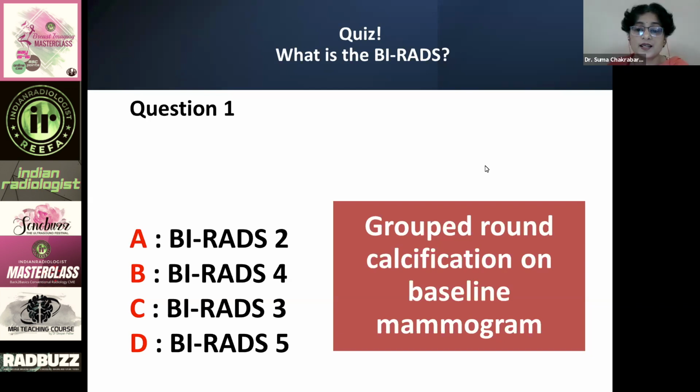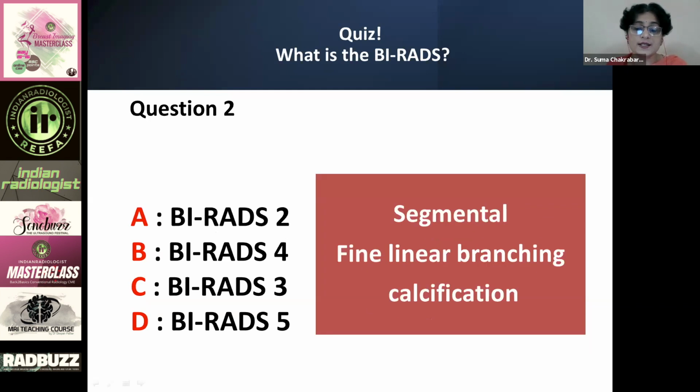I'll move on to the next question, which is segmental fine linear branching calcification. Again, the same thing, A, B, C, or D, please. So now it's almost divided polls, but 31% are for B. And then 26% for A, 23% for C. And D is 20%.